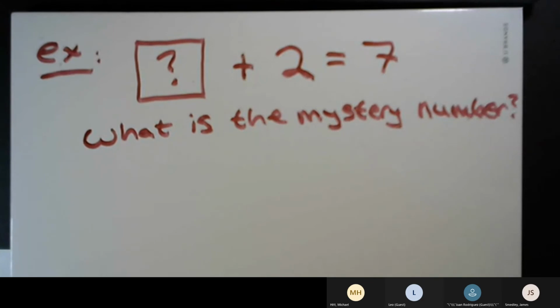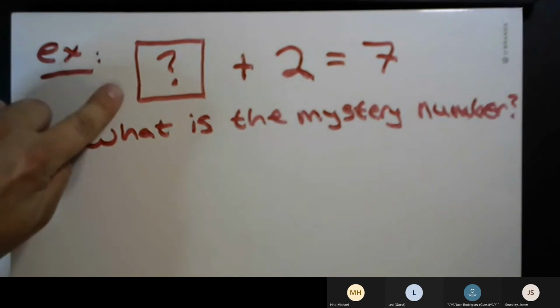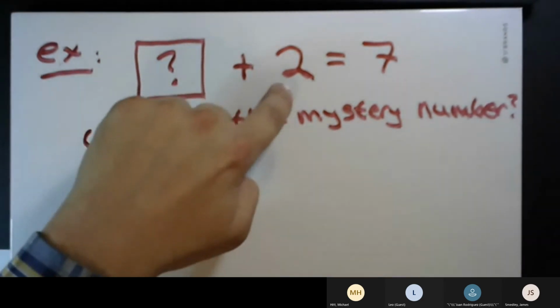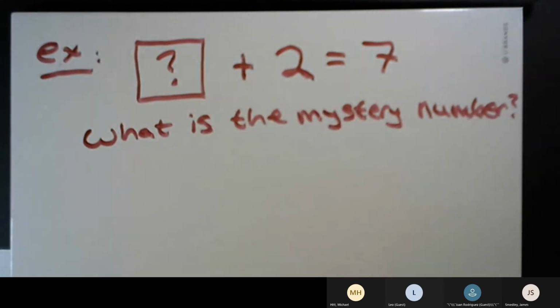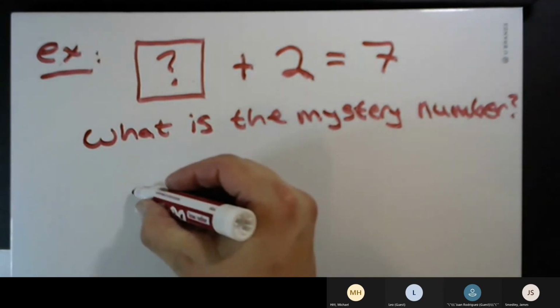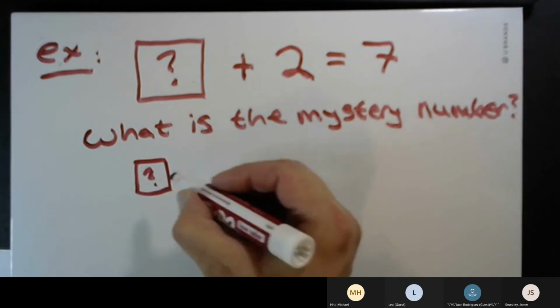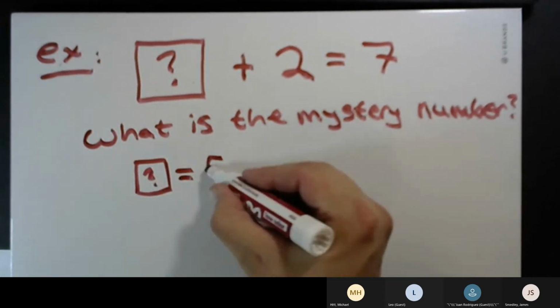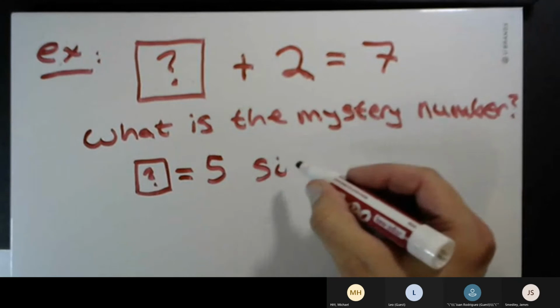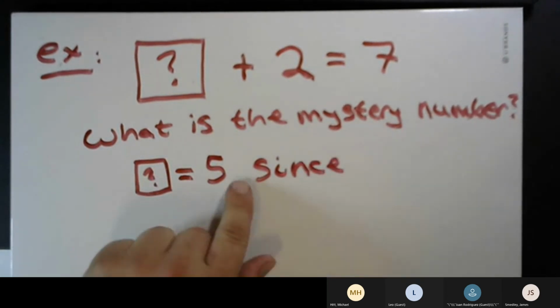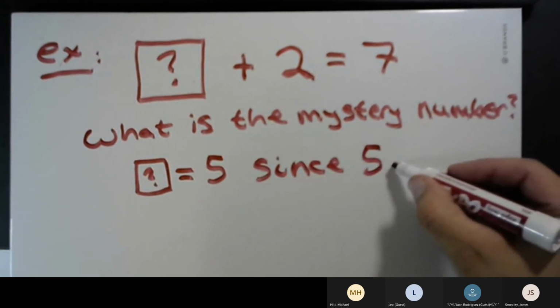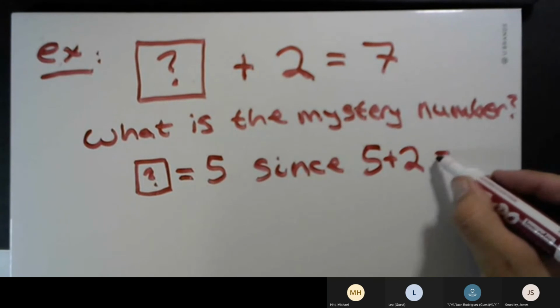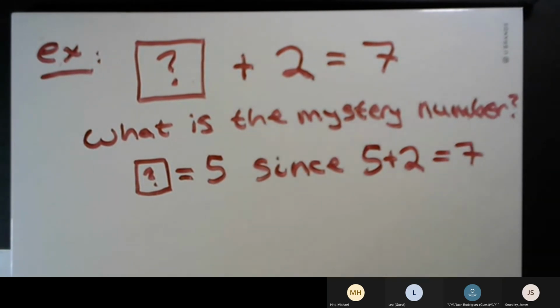Well, you could guess a few, like maybe if you try 3, well, if it's 3, 3 plus 2, ooh, that's equal to 5, not 7. But if you play around with it, you'll eventually get that this has to be equal to 5 since 5 plus 2 equals 7. And that's all a variable is.